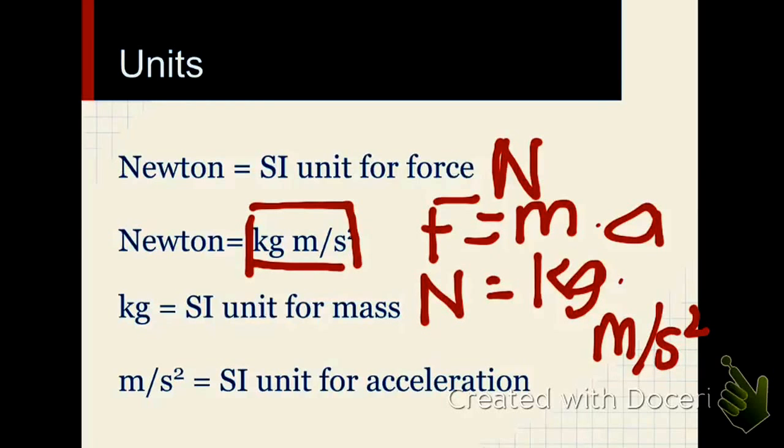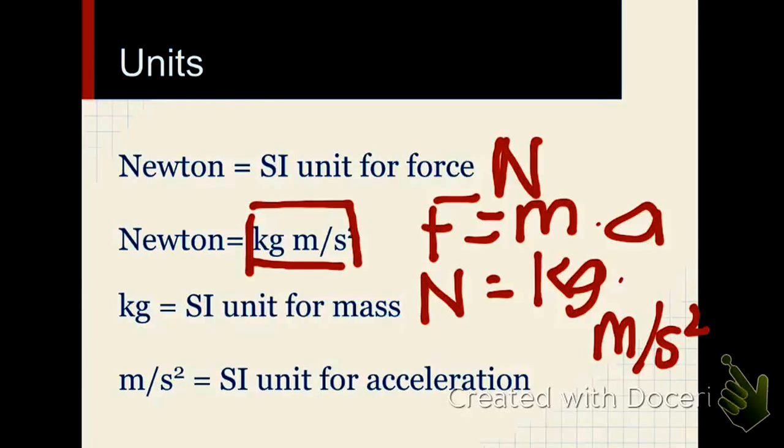The reason all of these work is because a Newton really equals a kilogram meters per second squared, and that's how they all fit together. So it's important to note that for when we go on to our next slide with the example.